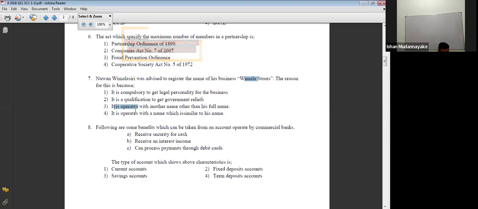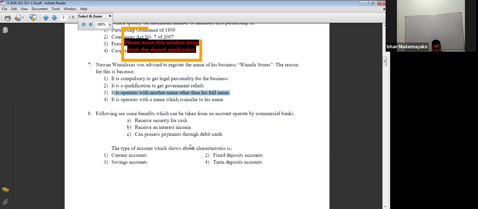It operates with another name other than its full name. The owner uses another name for the business activities without using his full name. Therefore, that name should be registered in the Divisional Secretary's Office under the Business Name Ordinance. The Provincial Council has transferred its power to the Divisional Secretary's Office.